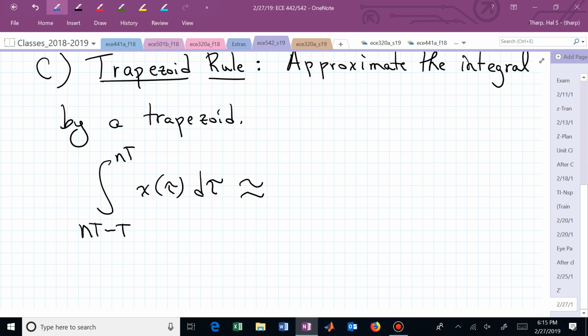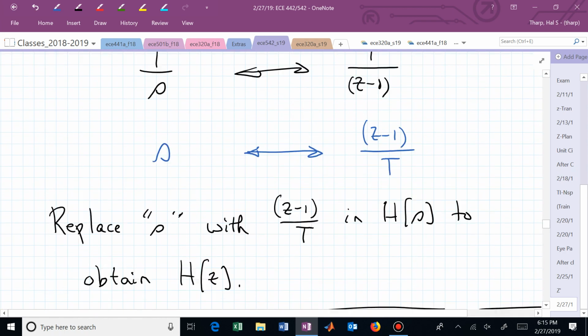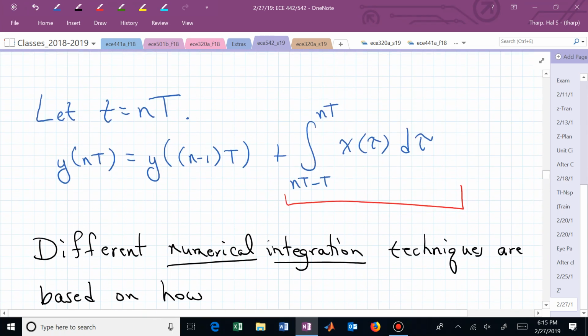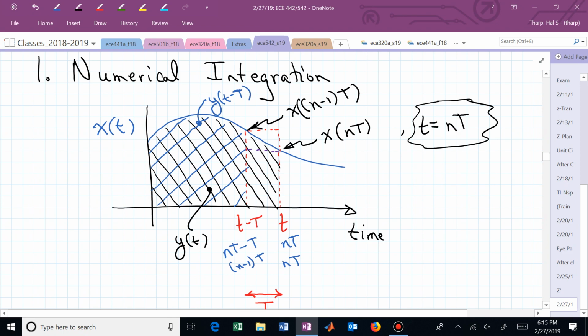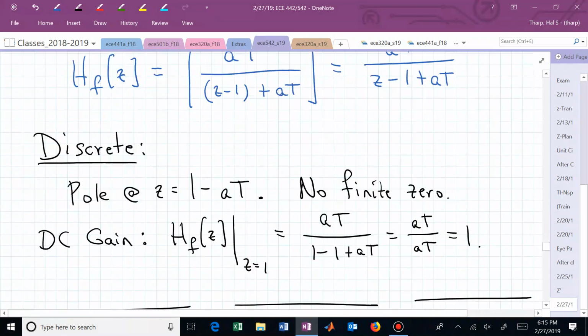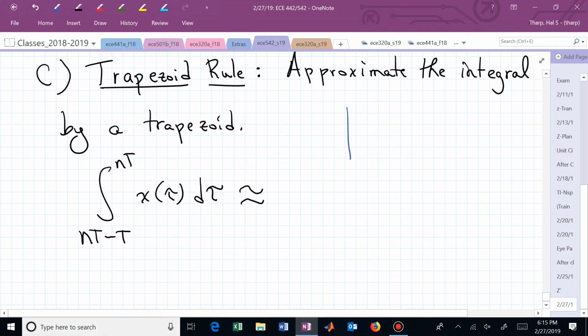Or we could just draw a picture. I'm not even sure how it was. Was x of nT bigger than x of nT minus T? Yes. So now let's just remind ourselves of what we have.